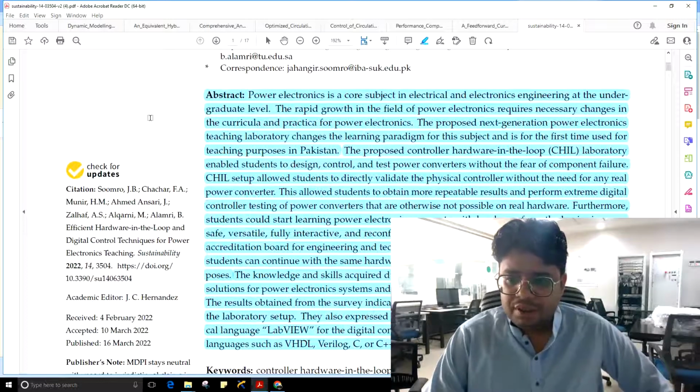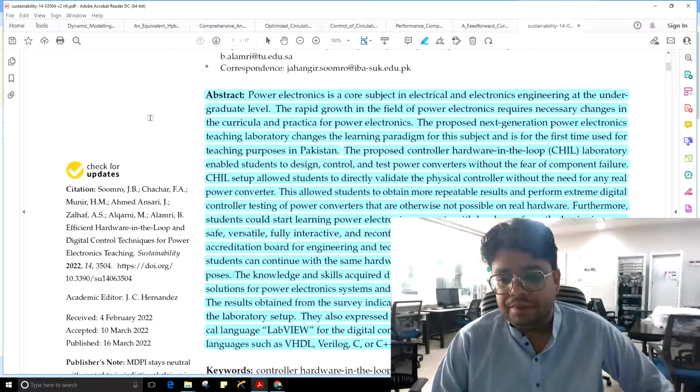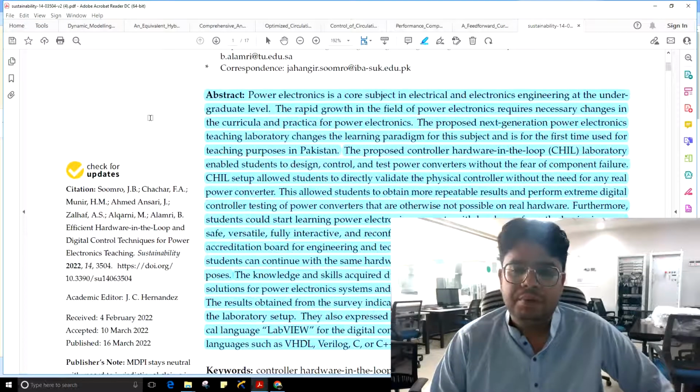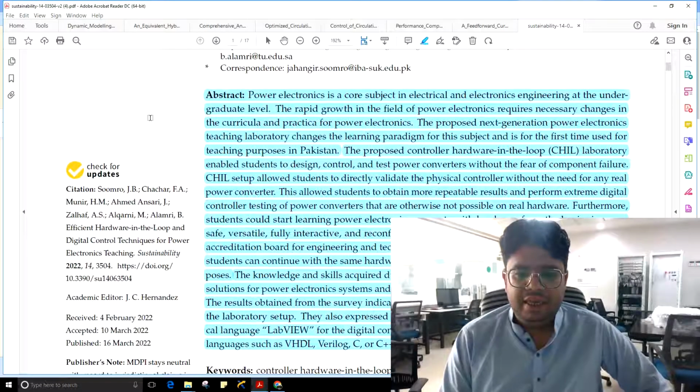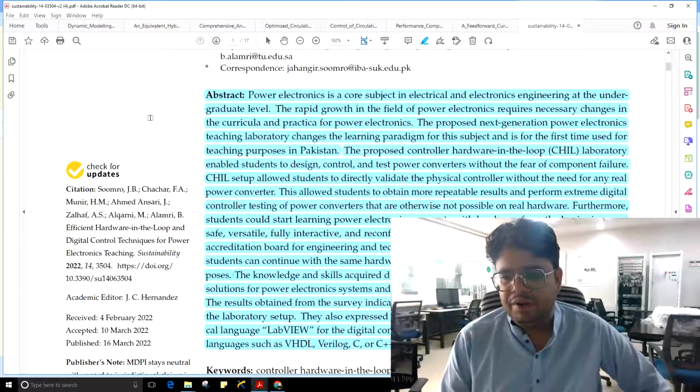The proposed CHIL laboratory enables students to design, control and test power converters without the fear of component failure. Now in this laboratory, basically students design and test their power converters and their digital controllers without the fear of component failures.